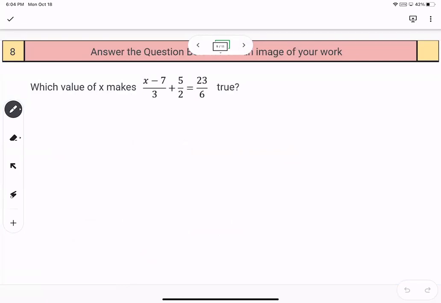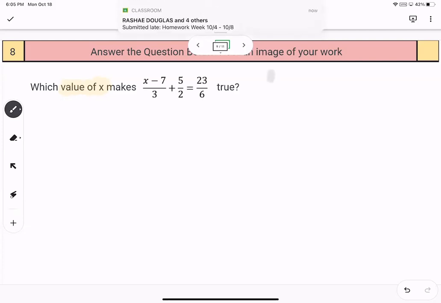Next question, number 8. So another fractional one. Which value of x makes (x minus 7) over 3 plus 5 over 2 equals 23 over 6 true? So here, again, we're looking for the value of x. As we said with fractions, I see a lot of fractions here, and we want to get a common denominator.